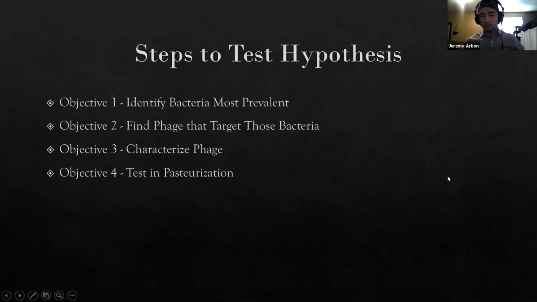The second objective is to find phage that can target those specific bacteria. Because phage have such a unique ability to target specific bacteria, they shouldn't interfere with the milk fermentation processes, because we're not targeting those bacteria, we're targeting other types of bacteria that form spores.